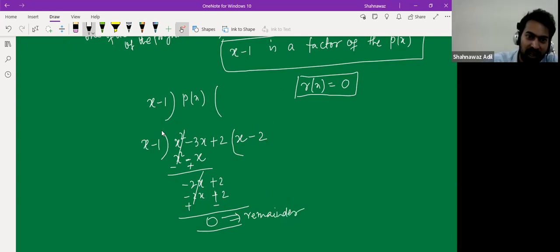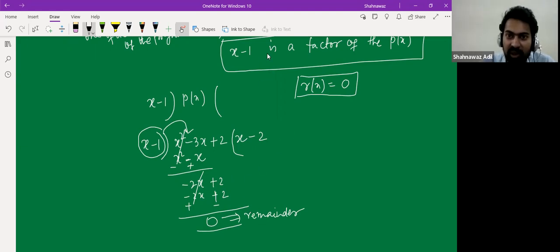So if x minus 1 is a factor of this P(x), that means the remainder is 0. You can find another zero by dividing this P(x) with this factor.